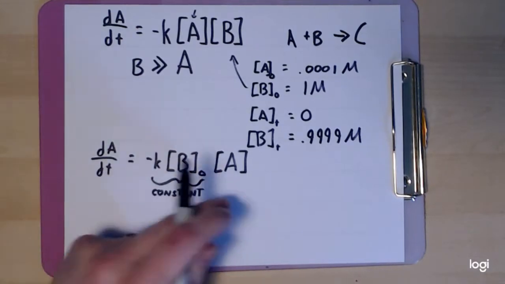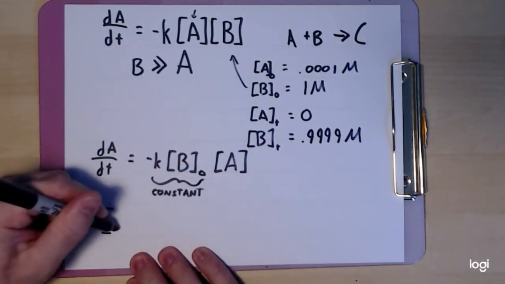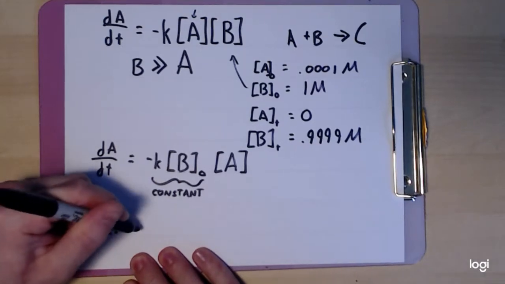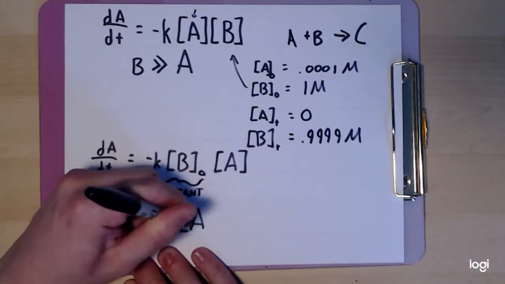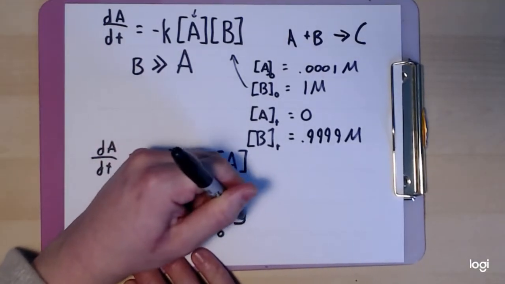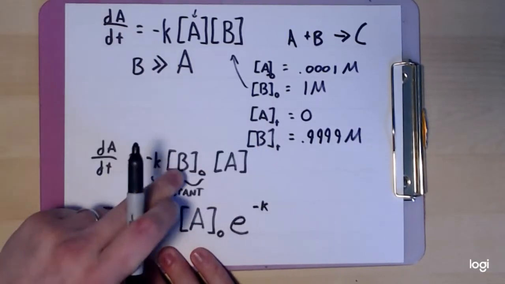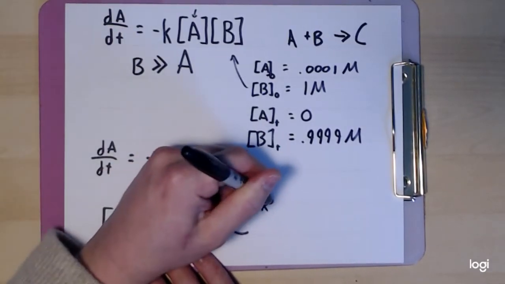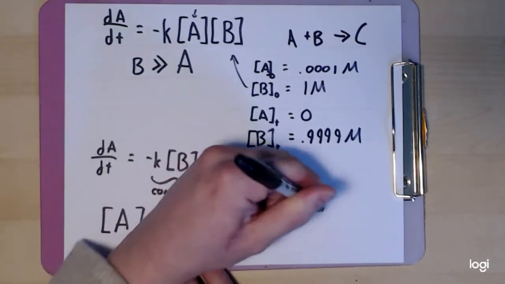And so if we want to know the concentration of A at time t, we can just use the integrated first-order rate law that we used before. A at time t equals A0, or A at time 0, times e raised to the negative k, and then we use this whole thing as the constant, negative k, times the concentration of B at 0, times t.